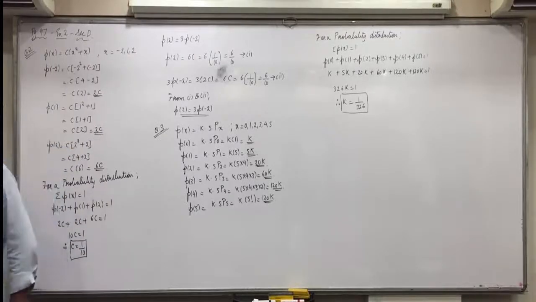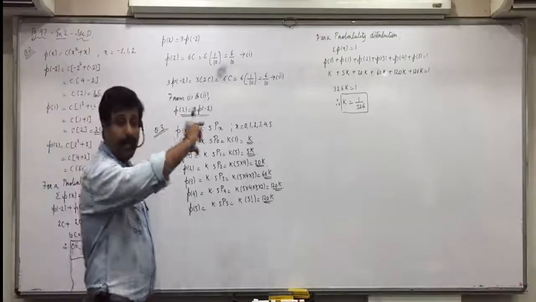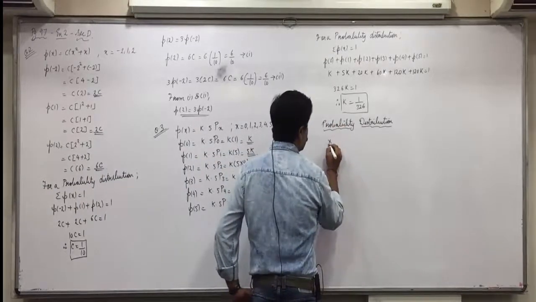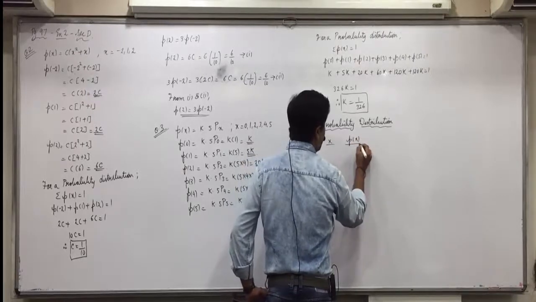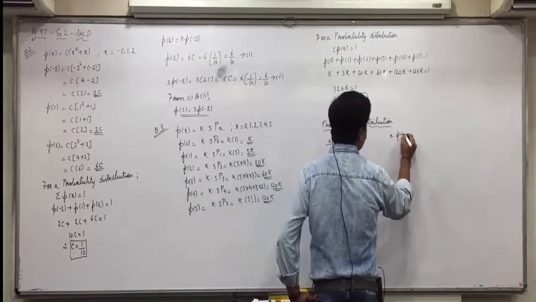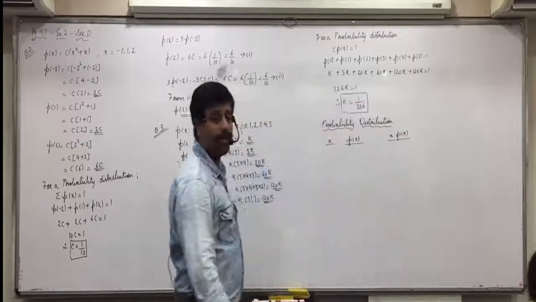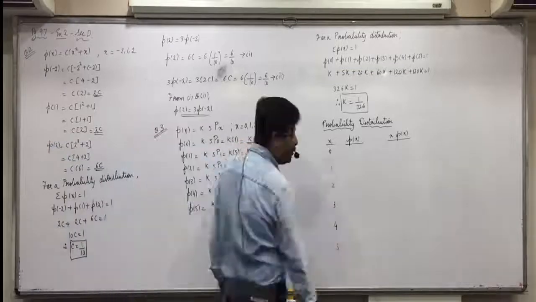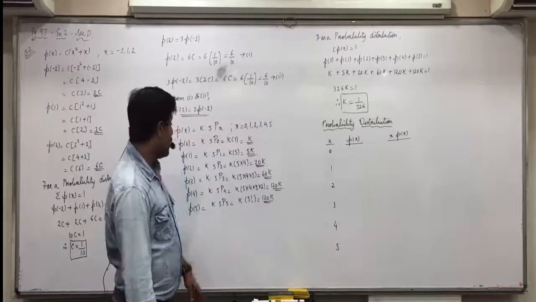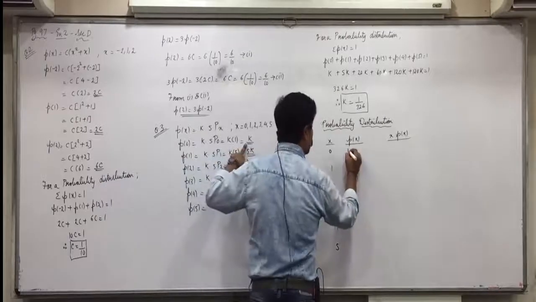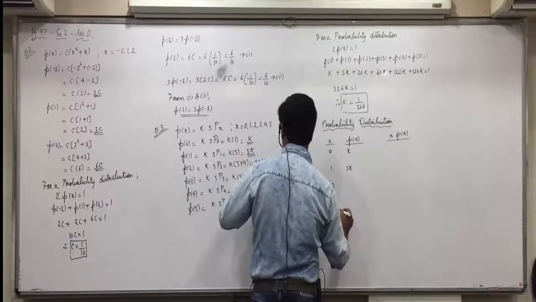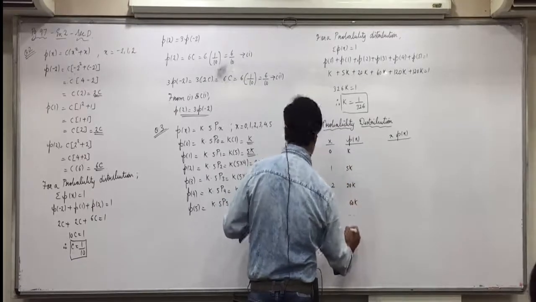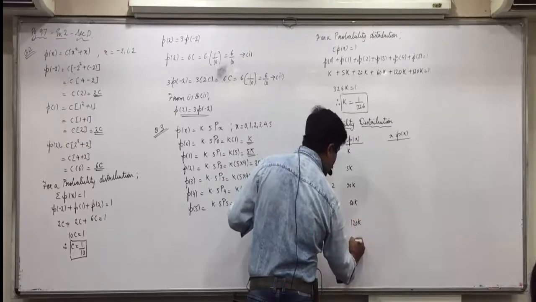What else is asked in the question after that? Mean. For mean, we'll have to write the probability distribution. So, probability distribution x, P(x), and we require x into P(x). For mean, we require x into P(x). See, x is 0, 1, 2, 3, 4, 5. Probabilities are k, 5k, 20k, 60k, 120k, and 120k.